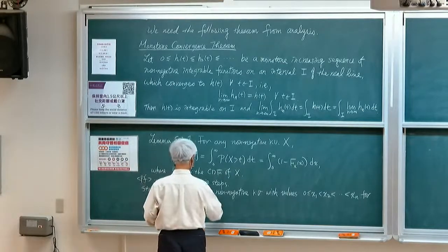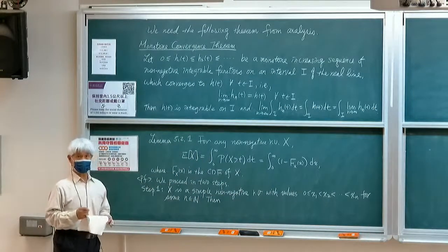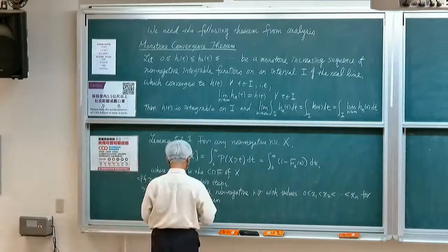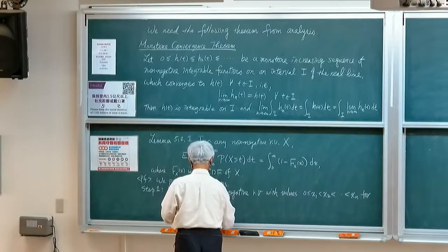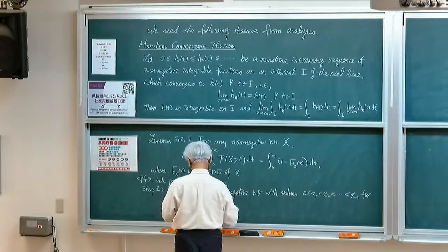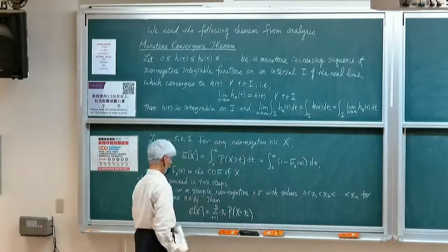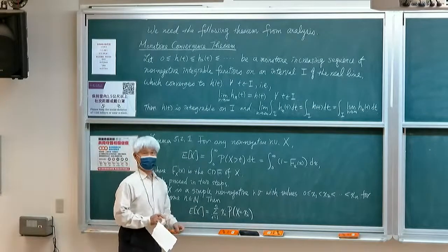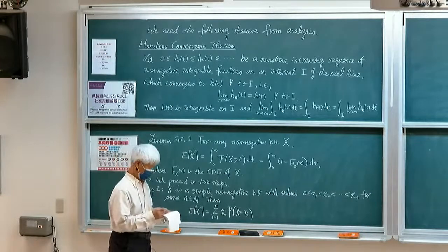By definition, because a simple random variable is a kind of discrete random variable, the expectation is the sum over i from 1 to n of x_i times the probability that X equals x_i. So immediately we can write down its expectation. That is very simple.